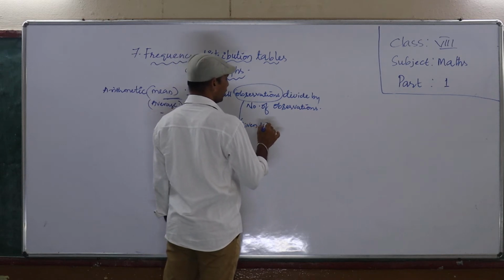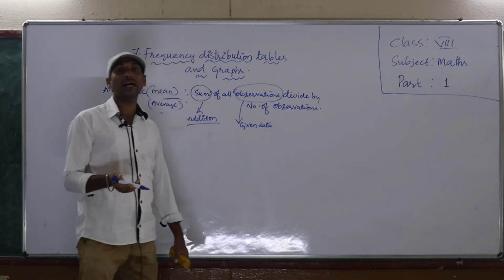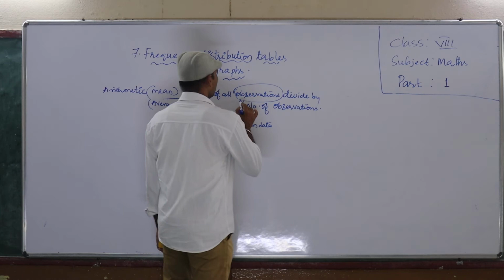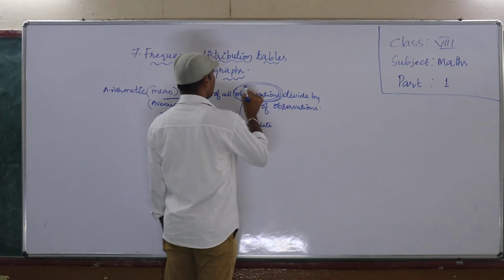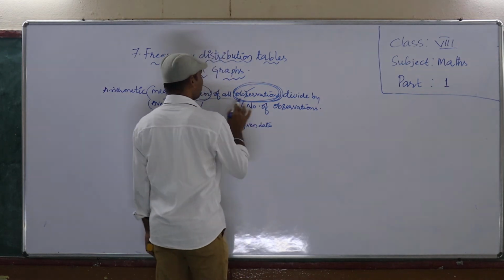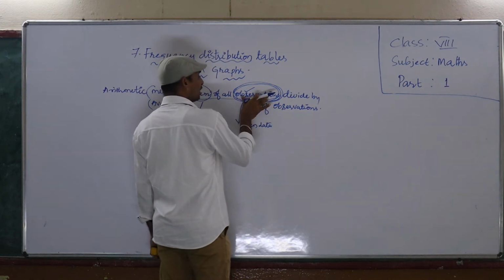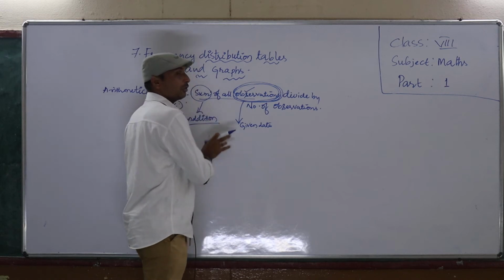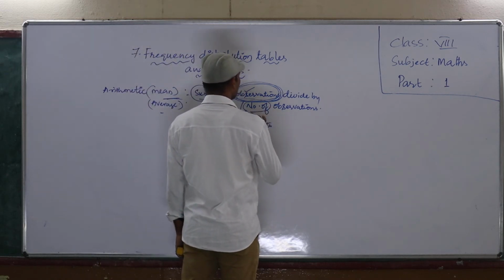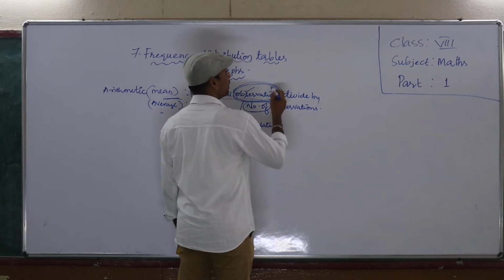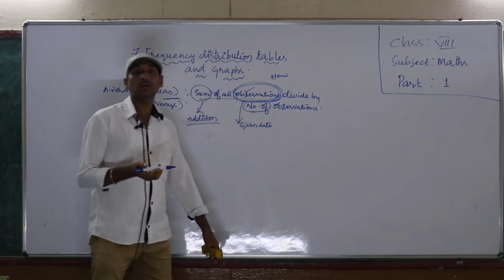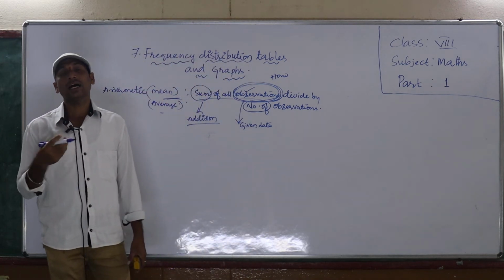They will give numbers like 2, 3, 5, 7, 8, 9. The given numbers are called observations. So we should add the observations they are giving and divide by the number of observations, that is, how many observations they give, like 2 or 5 or 10 or 15.